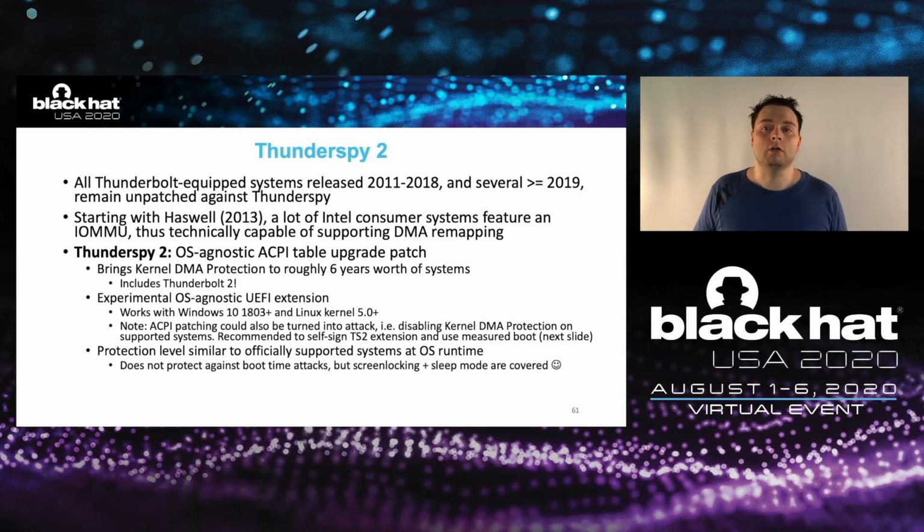Just drop it in on your EFI system partition, and it will work with Windows 10 and recent Linux kernels. Now the protection level that it provides is similar to officially supported systems. It does not protect against boot time attacks, but screen locking and sleep mode are again covered.